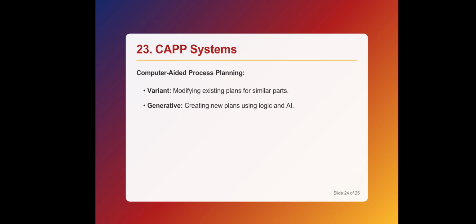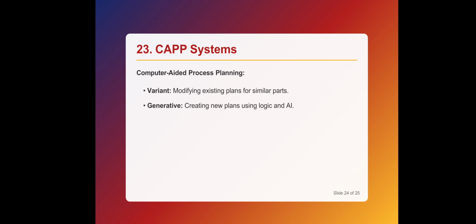So the variant is modifying existing plans for similar parts. And the generative is creating new plans using logic and AI. We can say that generative means creating new plans according to logic and AI.